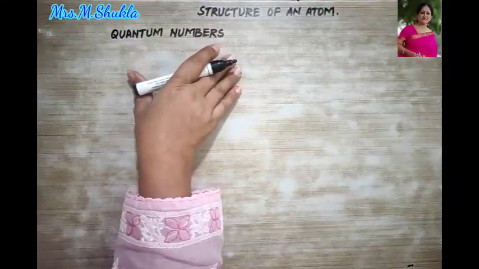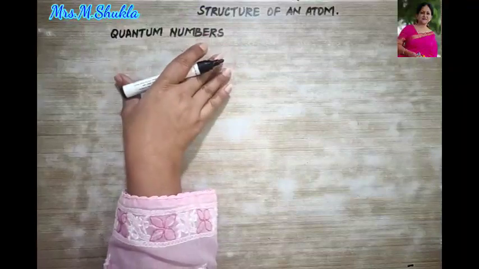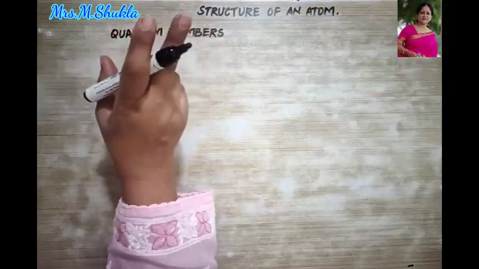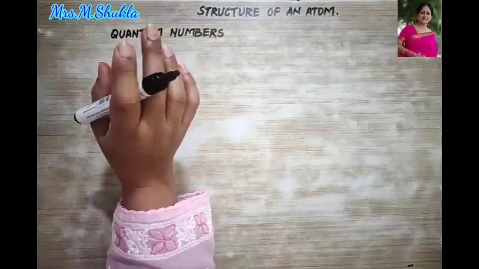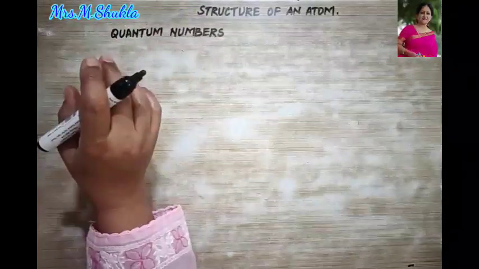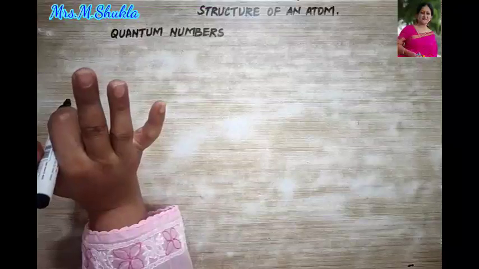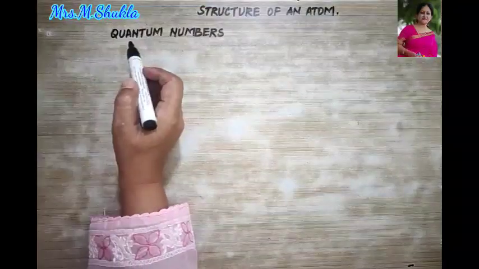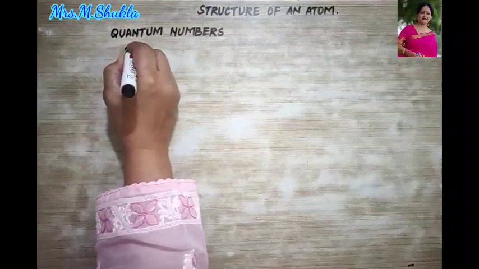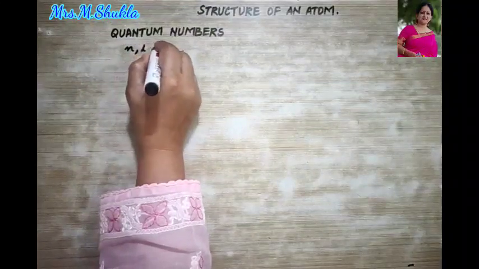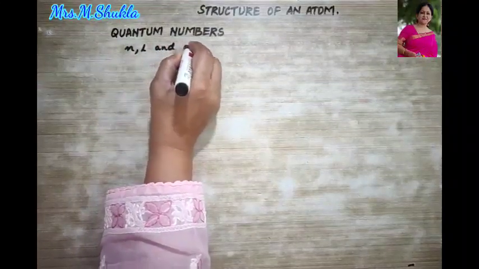The behavior of an electron in an atom is described mathematically by a wave function or orbital. Each wave function contains three variables, and they are termed quantum numbers. They are represented as n, l and m.